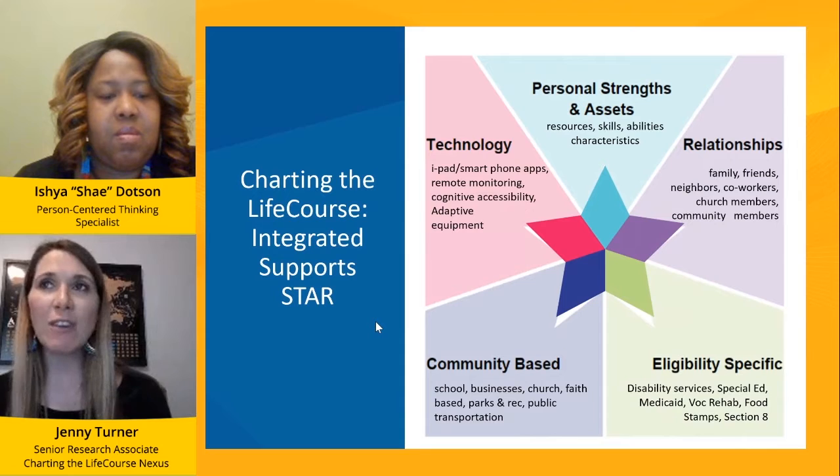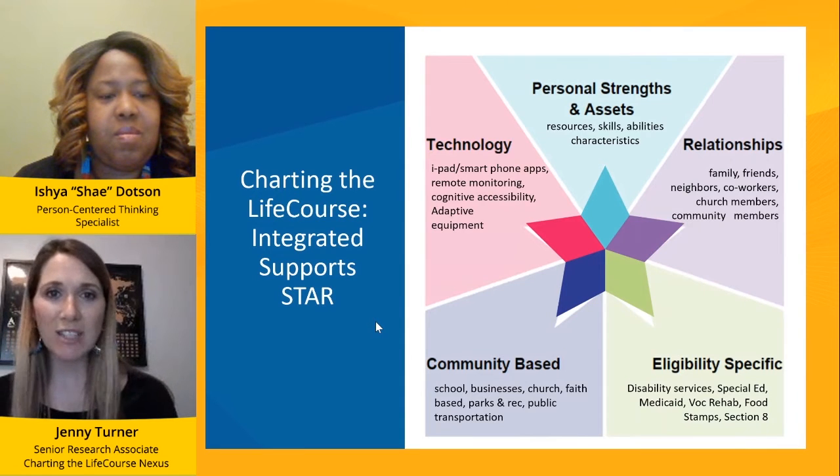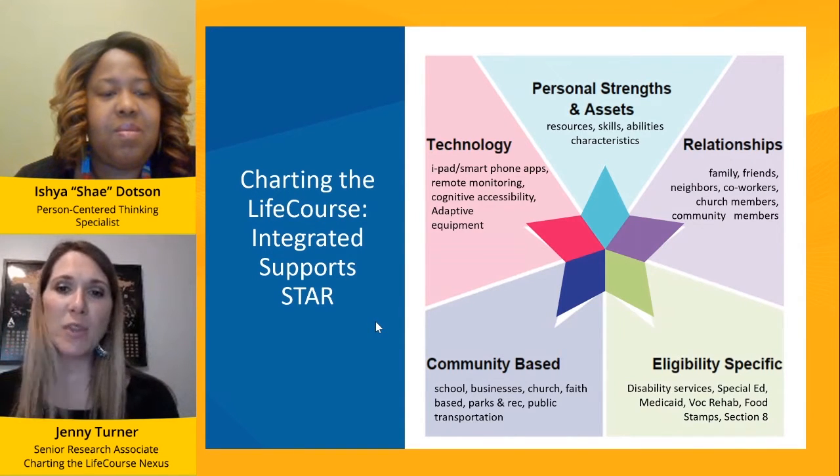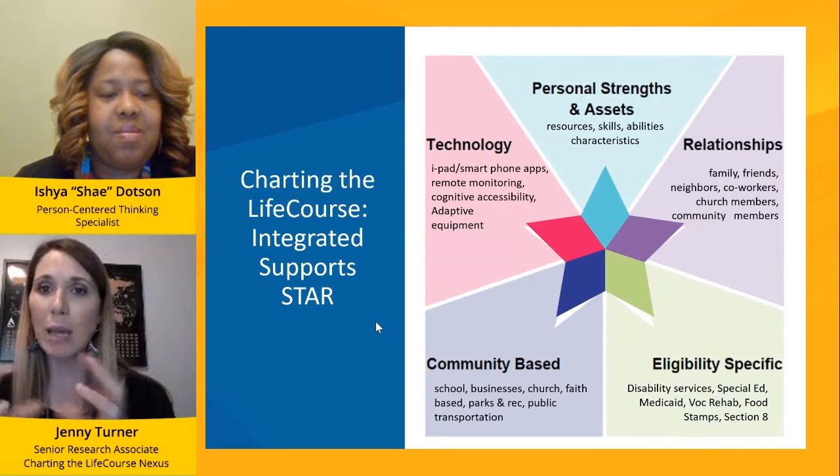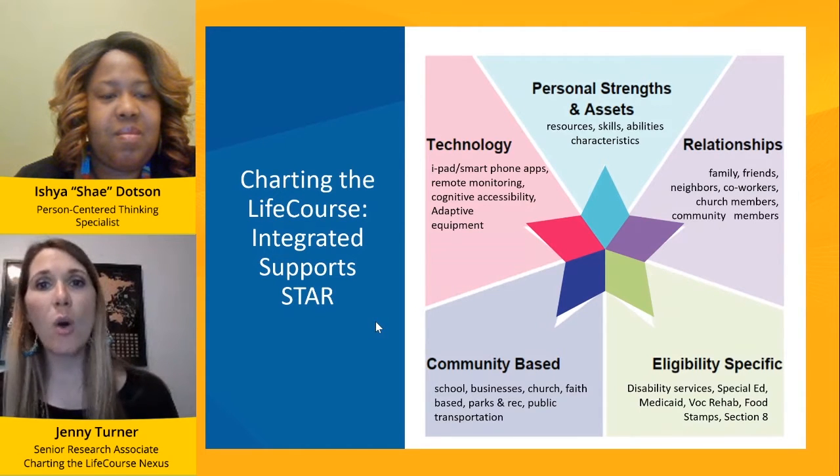And I have to give credit to the National Community of Practice for supporting families, who the states involved in that were really integral in helping us to shape this concept around the different types of supports. But where we've discovered in the past several years is that most of the supports that we access are going to fall within one of 5 categories.